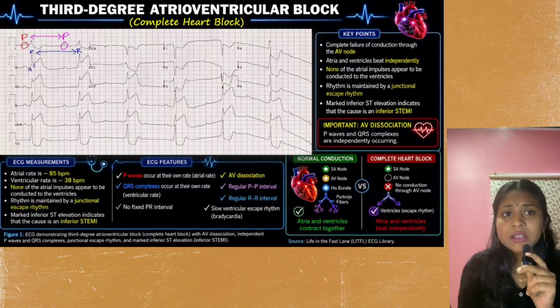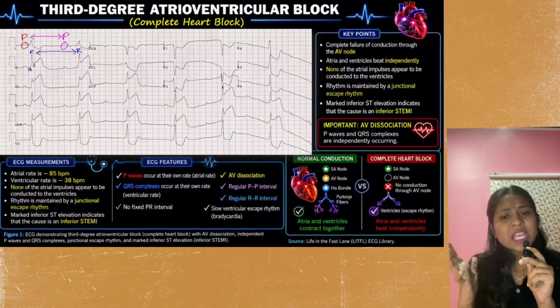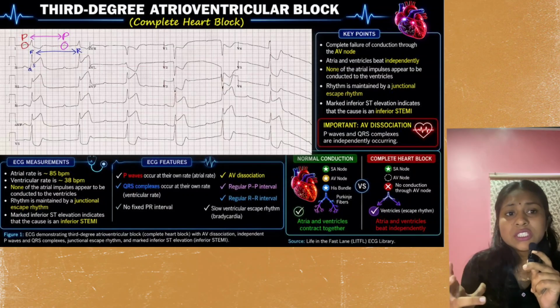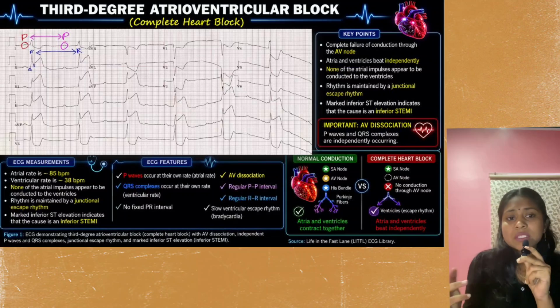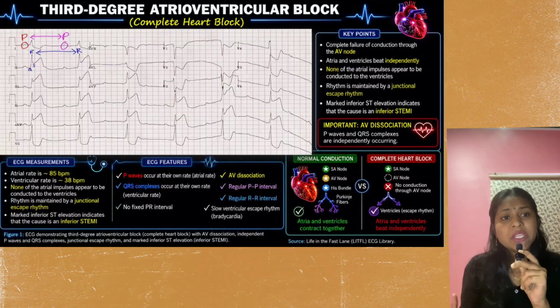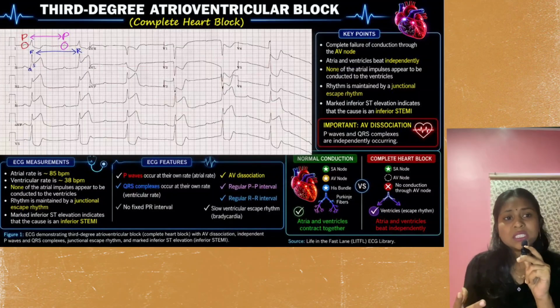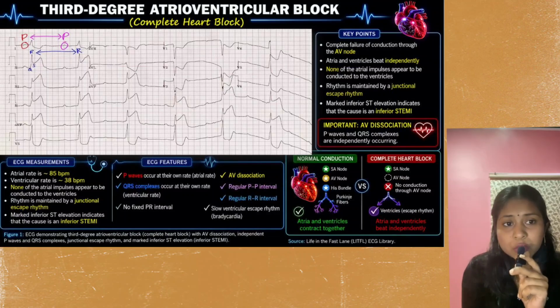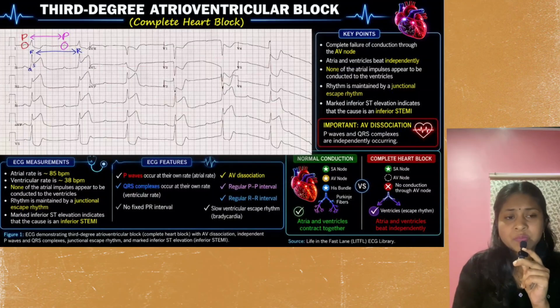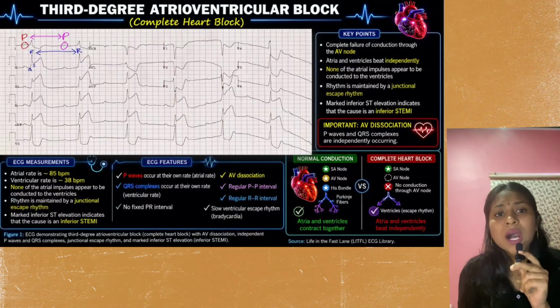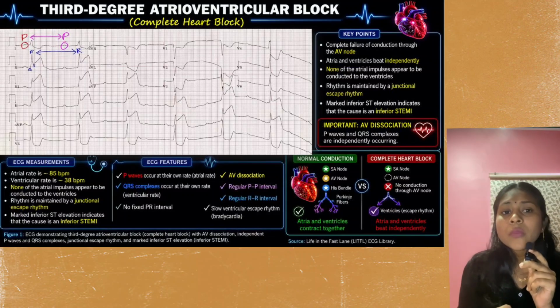This ECG clearly demonstrates the complete AV block and AV dissociation. The small waves labeled here are the P waves, which represent the atrial depolarization. The PP interval remains regular, indicating the atria continue to depolarize normally under the control of the SA node.